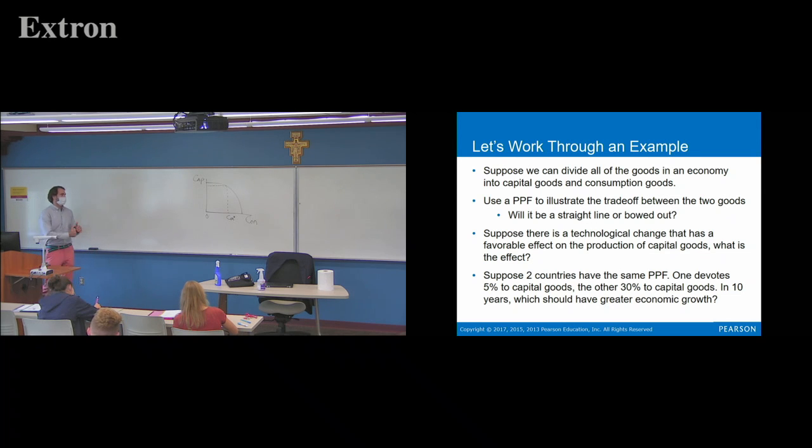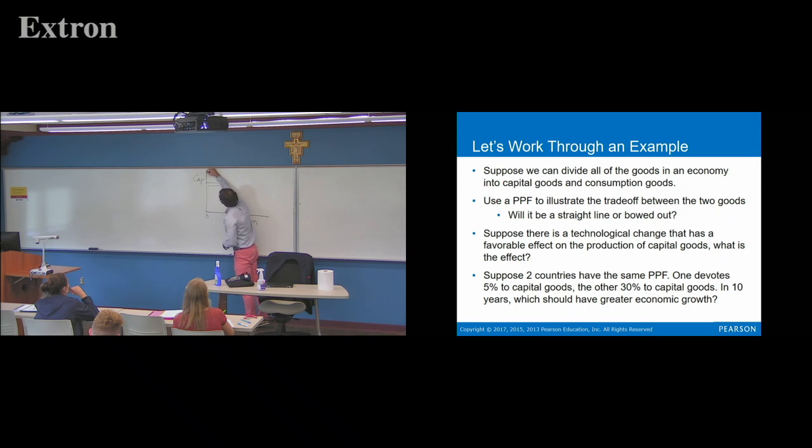Okay. So let's suppose there's a technological change, and this has a favorable effect on the production of capital goods. What's going to happen to the line here? It'll get higher on the Y-axis.